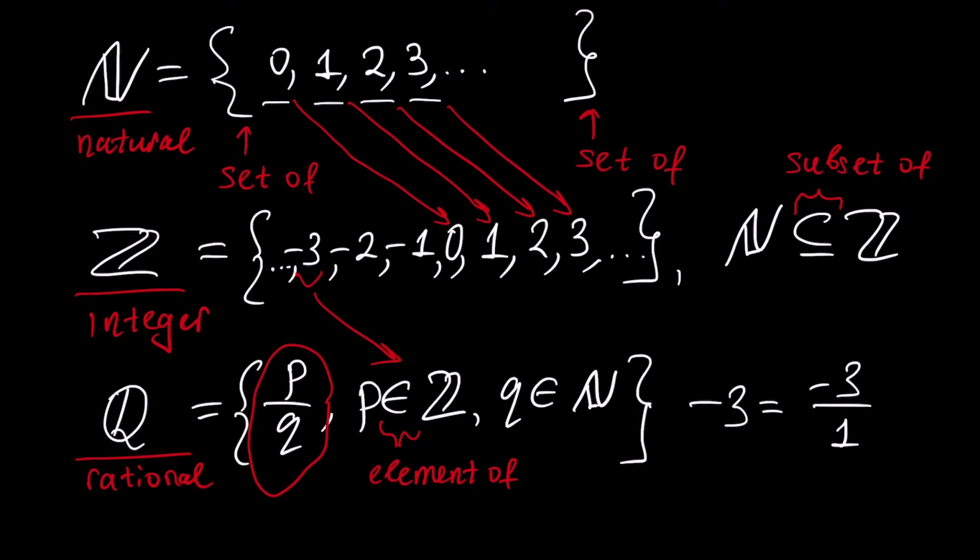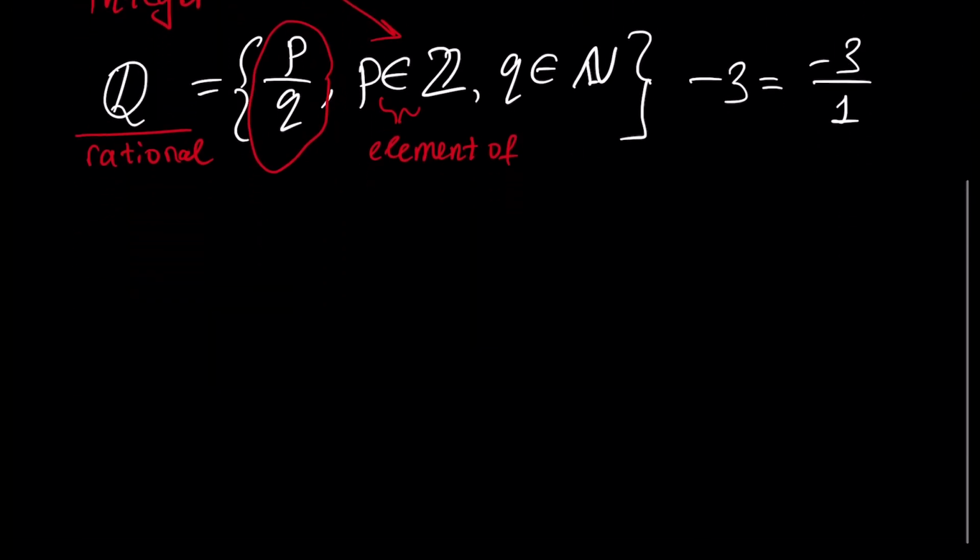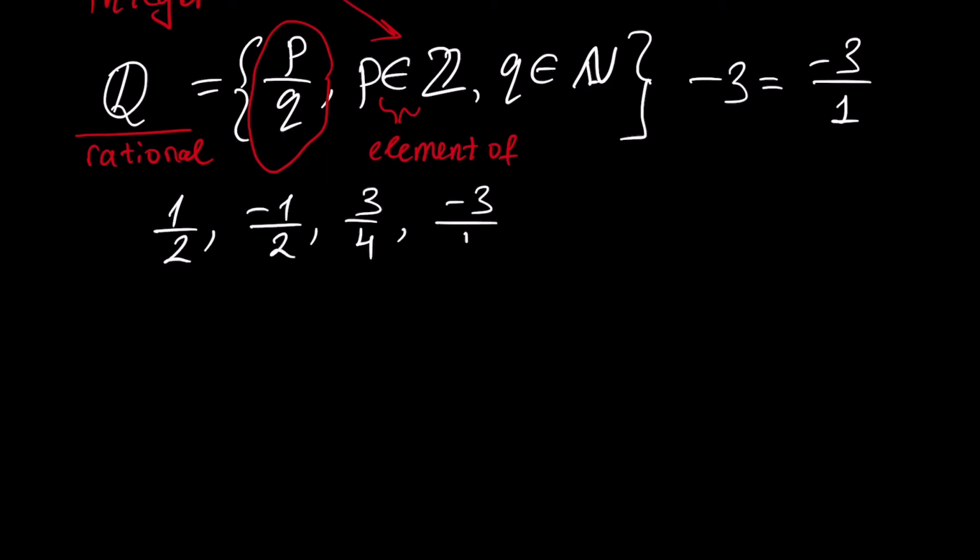And we can write that integer numbers is a subset of rational numbers. Let's give examples of rational numbers. Examples are 1 over 2, -1 over 2, 3 over 4, -3 over 4, 9 over 44, and so on.